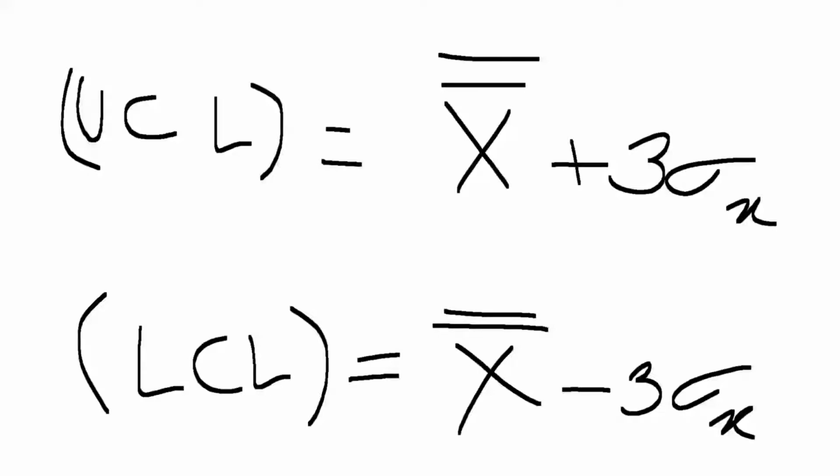So the formula for UCL becomes grand mean plus 3 times the sample standard deviation, whereas the formula for LCL becomes grand mean minus 3 times the sample standard deviation. So these are the two formulas for the upper and lower control limits for the X chart.